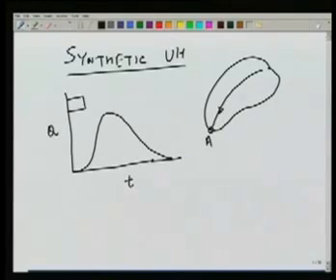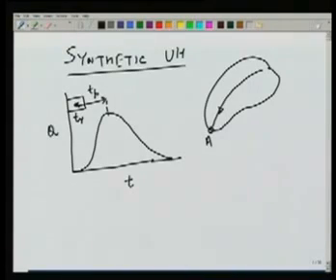So let's say that the duration of the rainfall is Tr, and we can define a time to peak from the centroid of the rainfall as Tp.